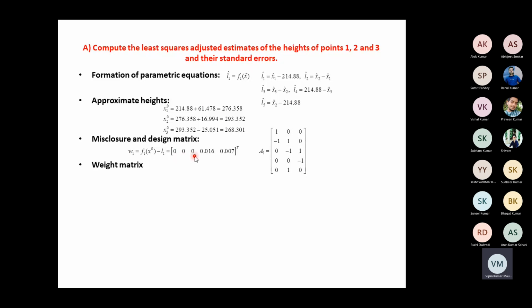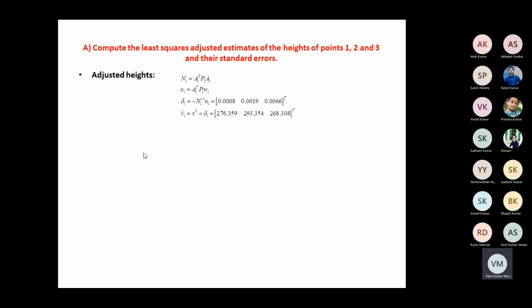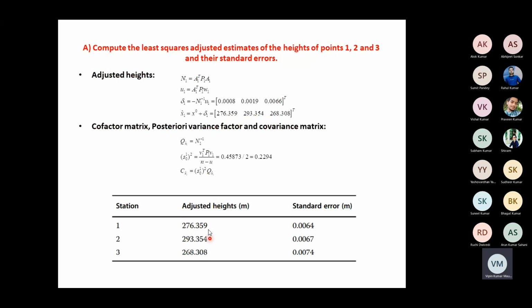Is it clear to you? Now do one thing. Once you calculate delta 1, the final adjusted heights, put these heights here. So these are your adjusted heights.